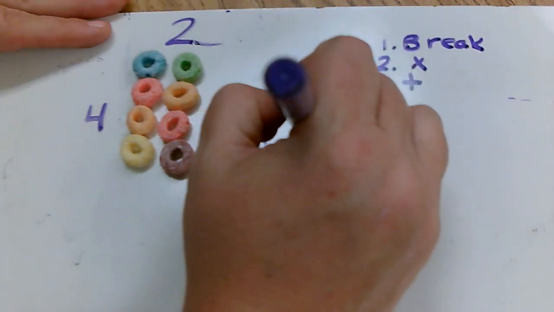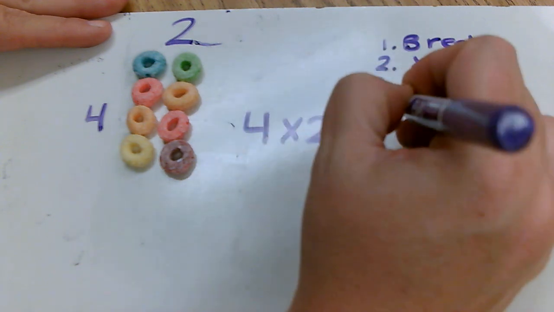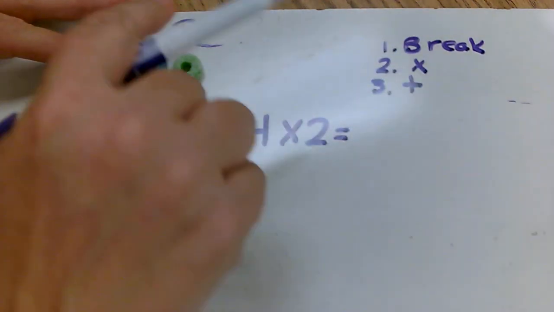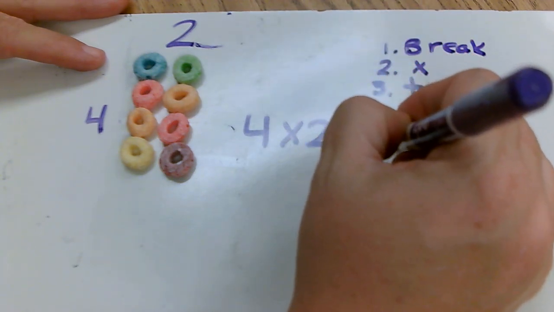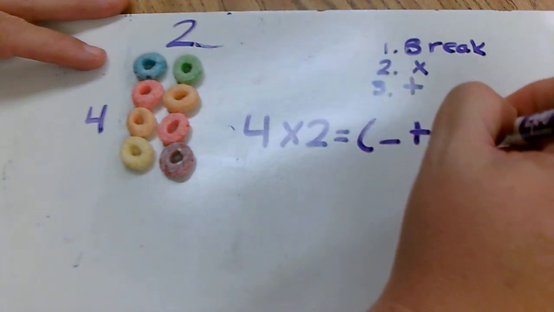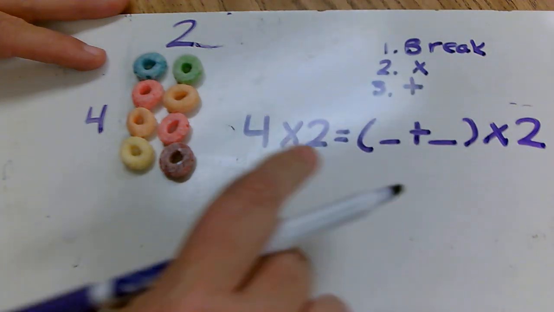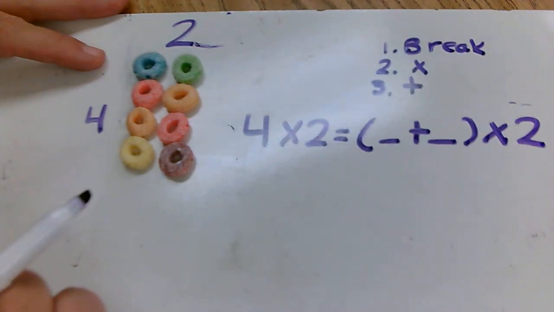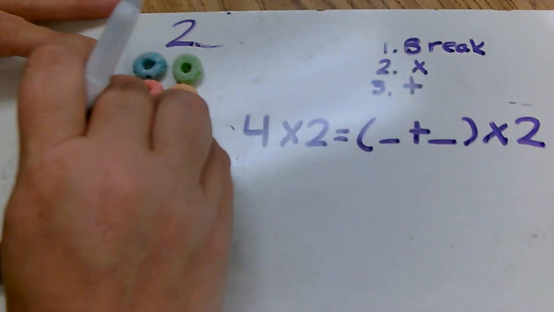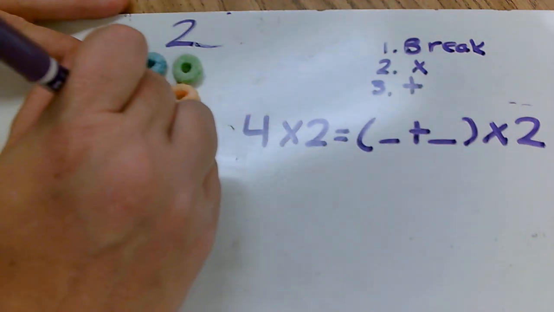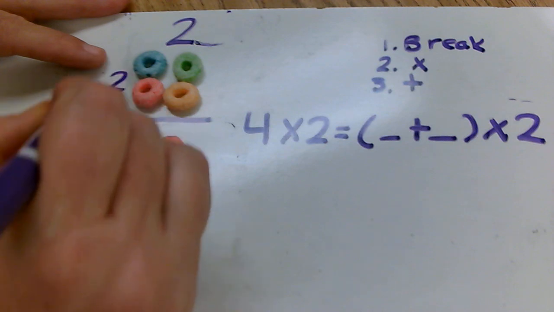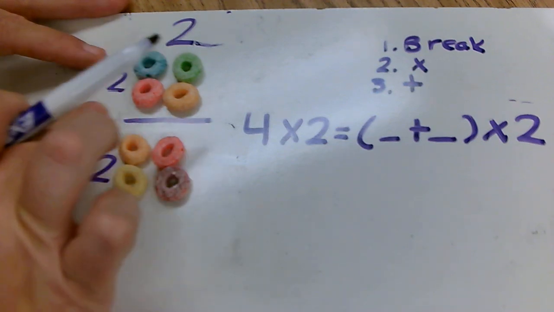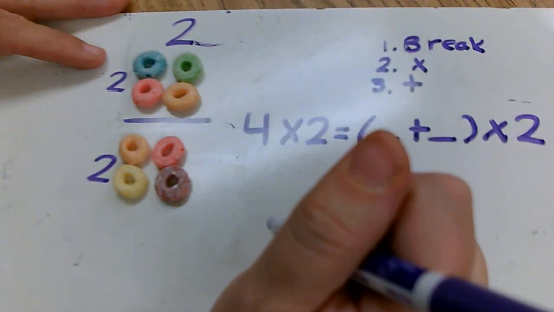So 4 times 2 is equal to, so I'm going to leave my 2, I'm going to break apart my 4. So what 2 numbers am I going to add to get 4? Well, I could do a 2 and a 2, a 3 and a 1, but let's do 2 and 2 because 2 is an easy number to work with. So I'm going to break my array apart into a 2 and a 2 because 2 plus 2 is 4.